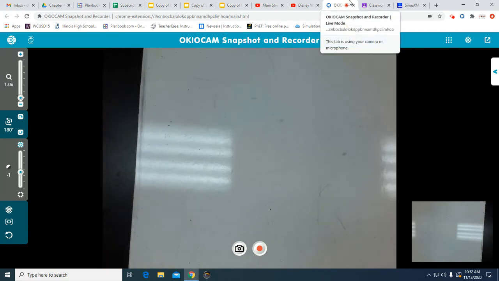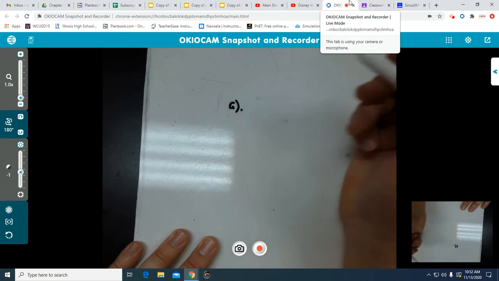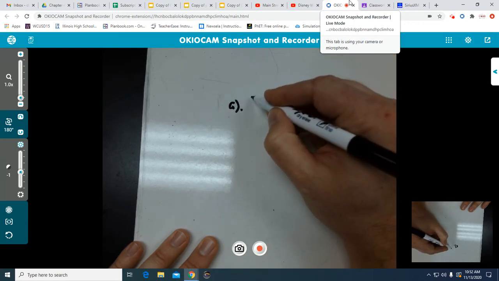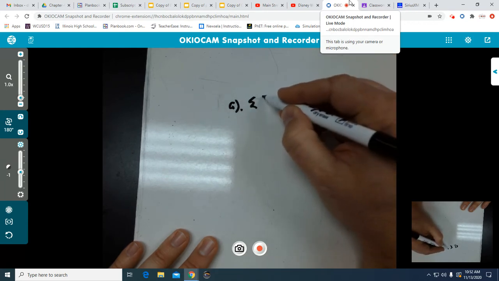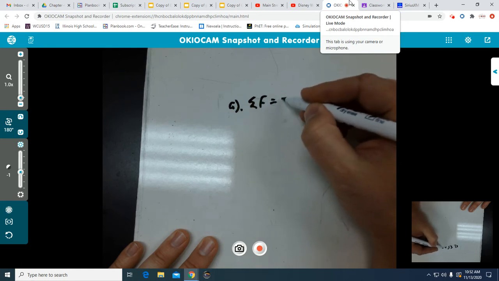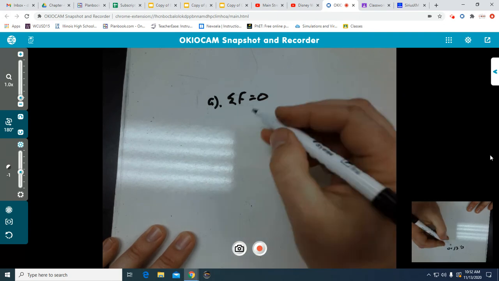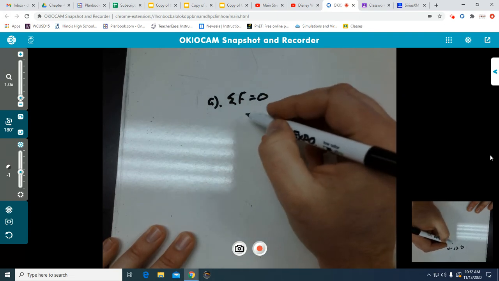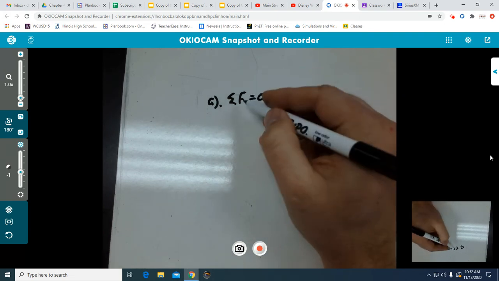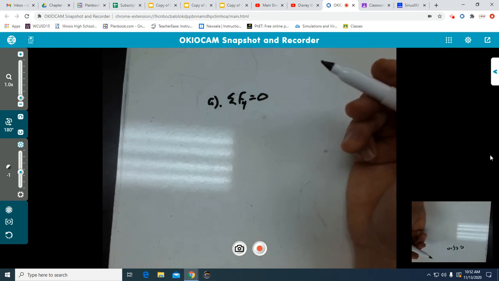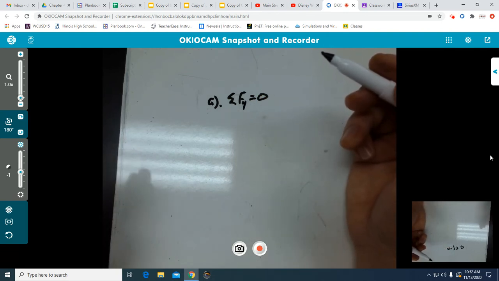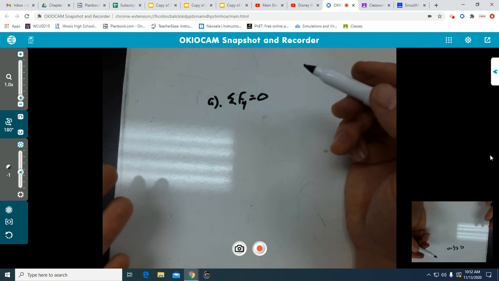Next, I am going to go into parts A, B, and C that we saw in the practice one the other day. In part A, we need to set everything to equilibrium: the sum of all forces set equal to 0. That means all the vertical forces, Fy, acting in this situation.